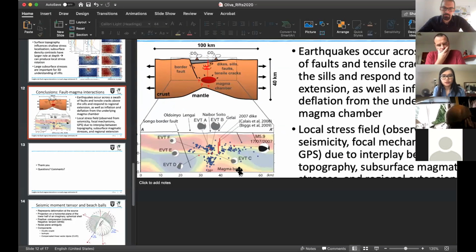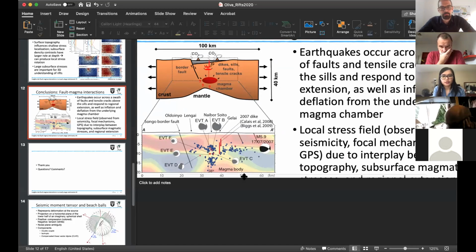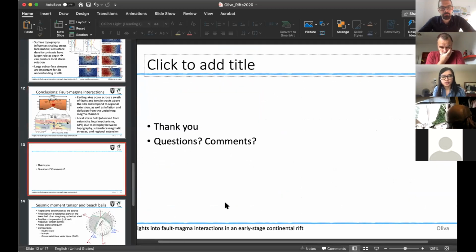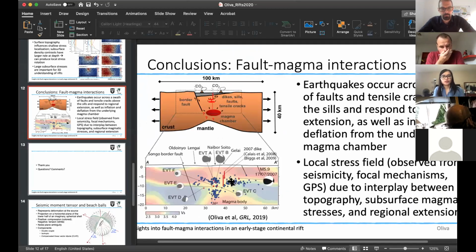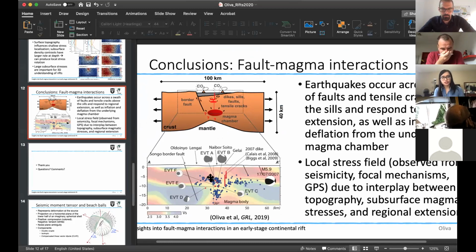So right around here, where the seismicity is all occurring, that's the depth that we constrain the sill complex to be. So that's where we think a lot of the magma is emplaced, with the shallower bits above.